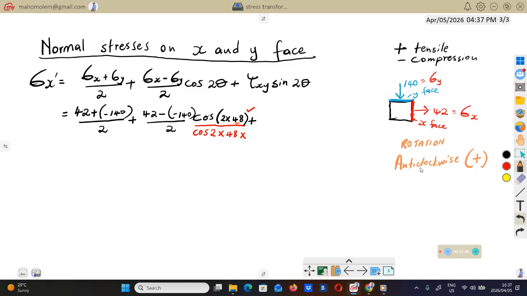So this direction will work for shear stress, this one here, and this theta here. So we take clockwise as negative.